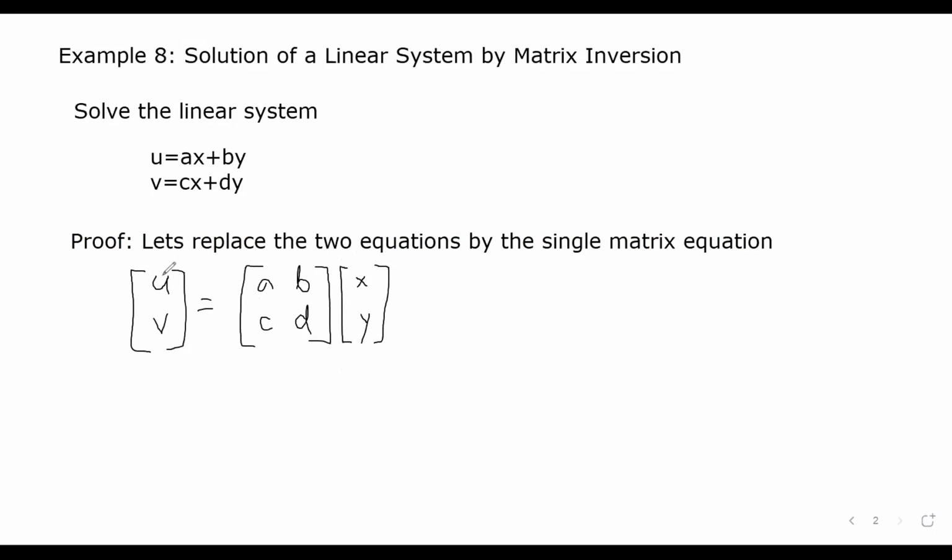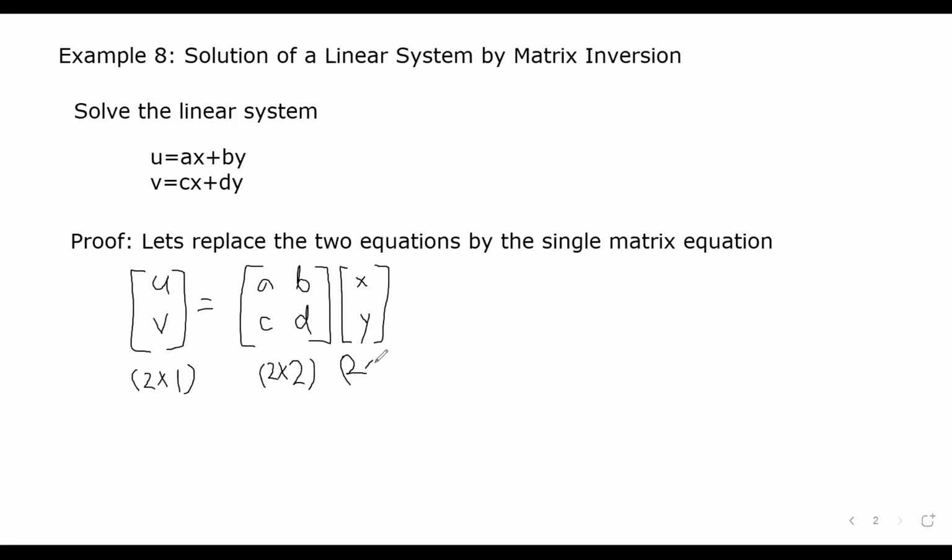How? Well, in order for two matrices to be equal, they have to be the same size, and the corresponding entries have to be the same. This is a 2x1 matrix, 2 rows and 1 column. This matrix is 2x2, and it's being multiplied by a 2x1 matrix.